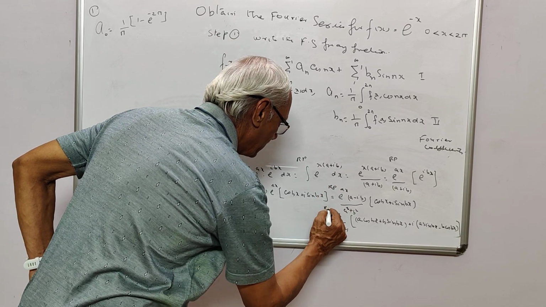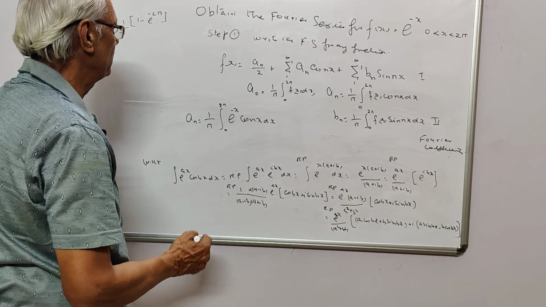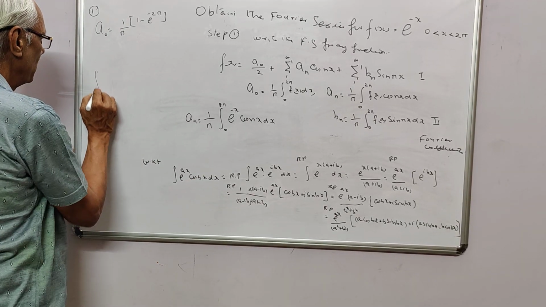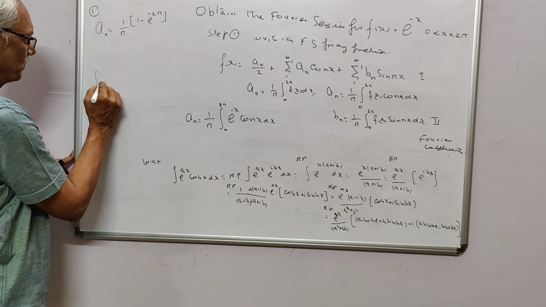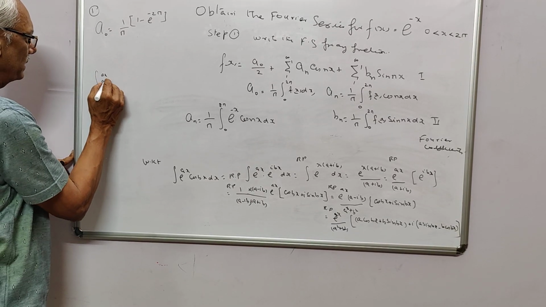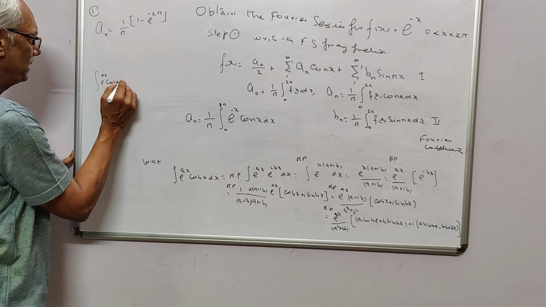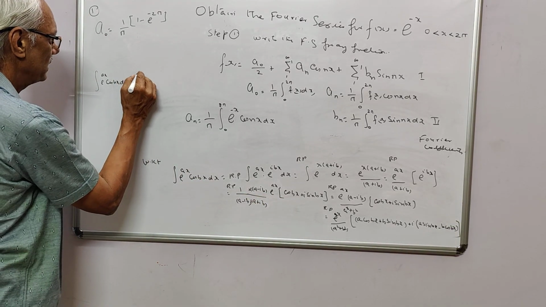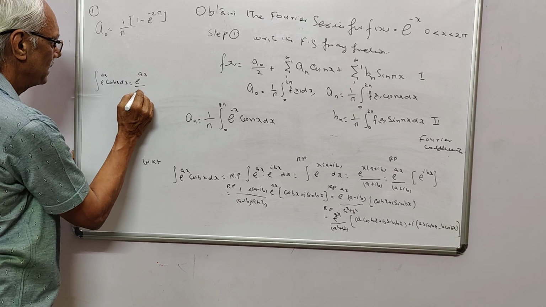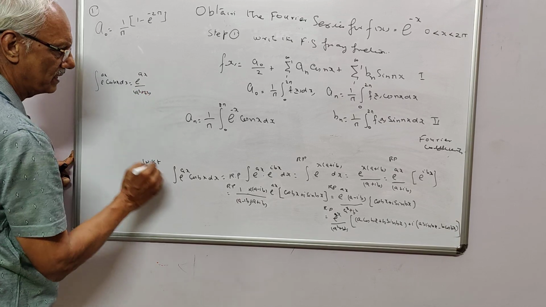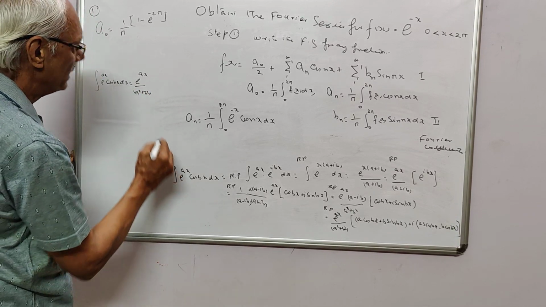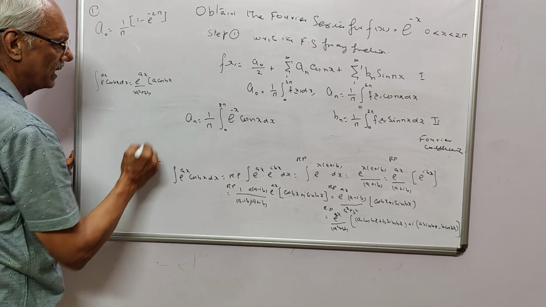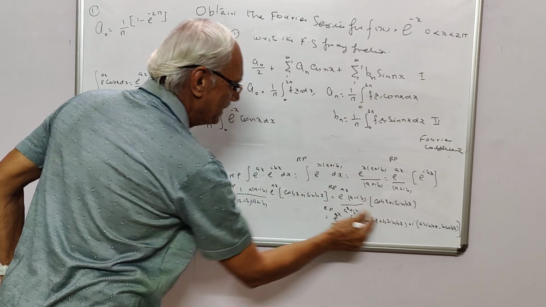So in general from this, the integral of e to the power of ax cos bx dx will be equal to, equating the real part, e to the power of ax divided by a squared plus b squared into (a cos bx plus b sin bx).